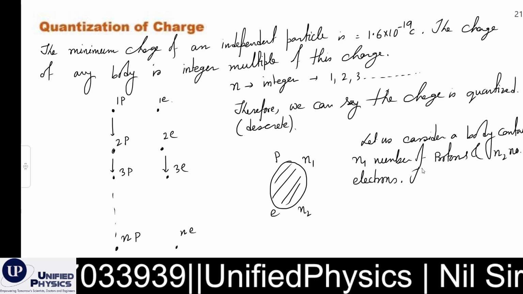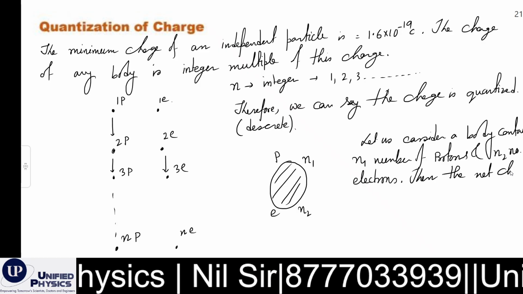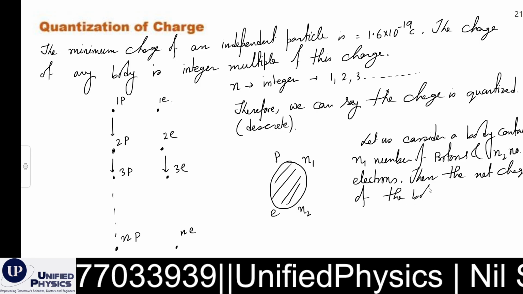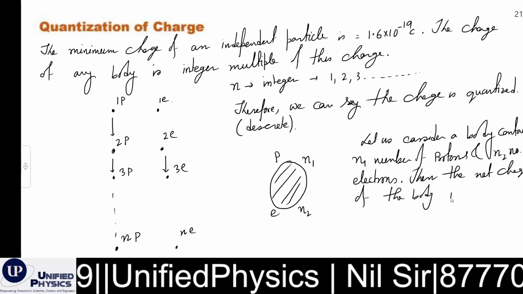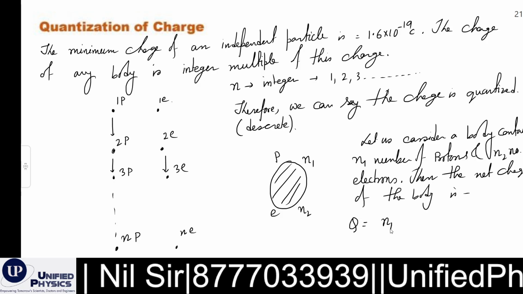Then the net charge of the body is Q, which is equal to n1 number of protons times the proton charge.